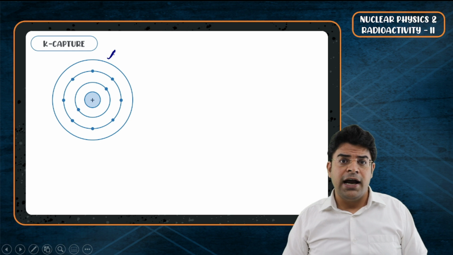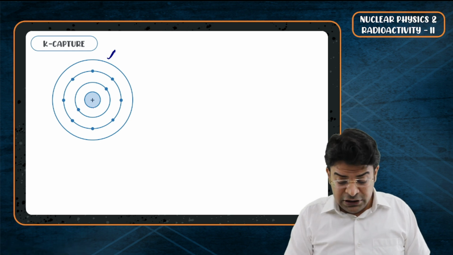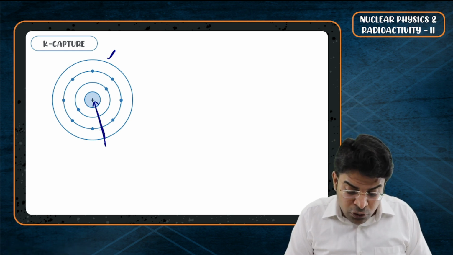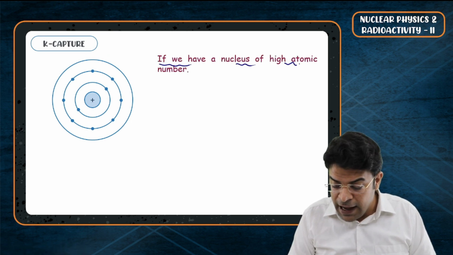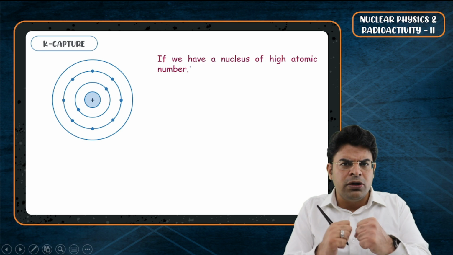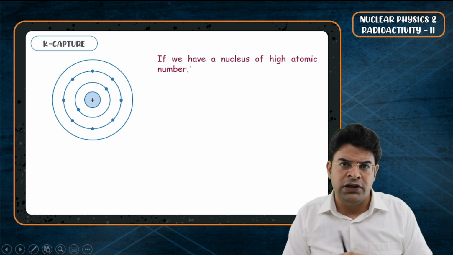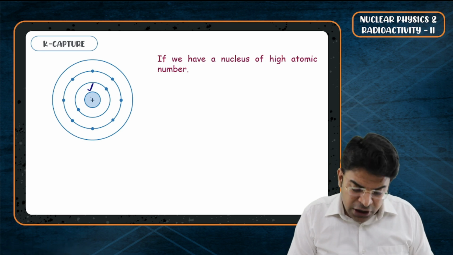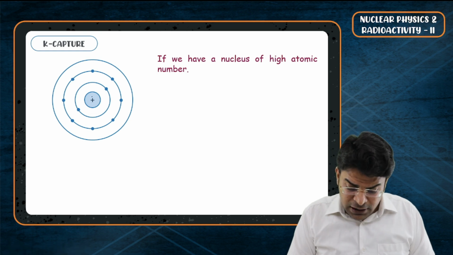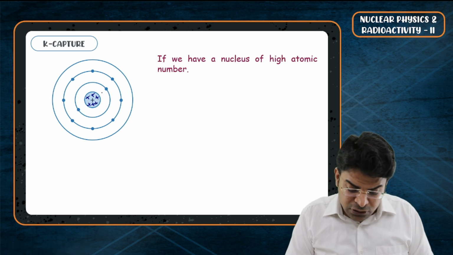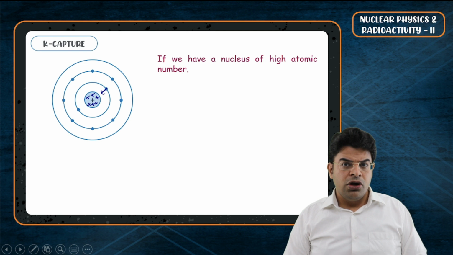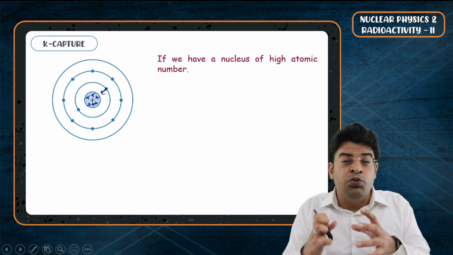This particular atom has got a huge number of protons in its nucleus. So if we have a nucleus of high atomic number, which has got a huge number of protons present in the nucleus, then such a nucleus will have a huge amount of positive charge. And when the nucleus has a huge amount of positive charge, the electrostatic force of attraction on the innermost electrons will be huge.